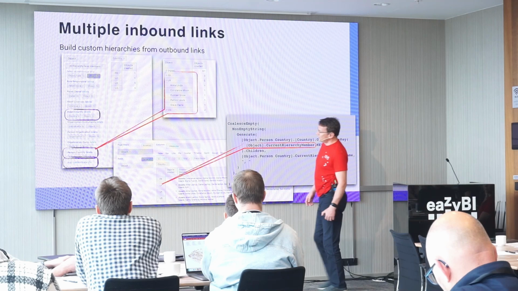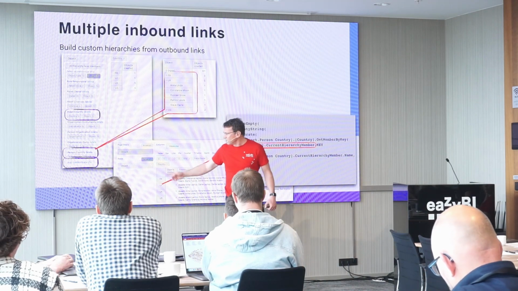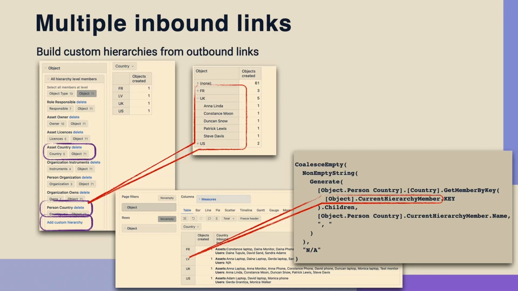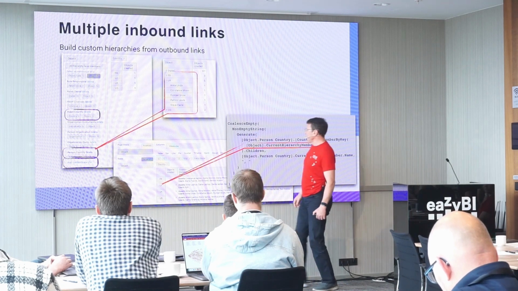I use the country list as an object here, to be sure that I will have the full list of countries, because outbound links may be empty. And here the deepest object comes from the report context.